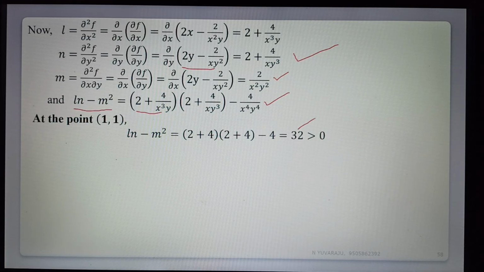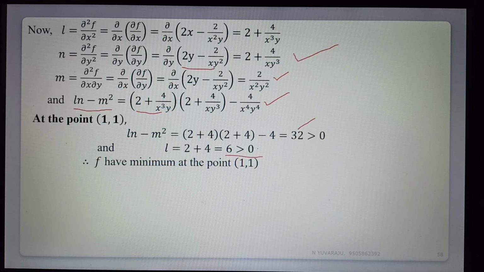The condition is satisfied: 32 is positive, so LN minus M square is positive, therefore a maximum or minimum exists. Next, verify the L value. L is equal to 2 plus 4, that is 6. 6 is positive. Therefore the function has a minimum at the point 1 comma 1.